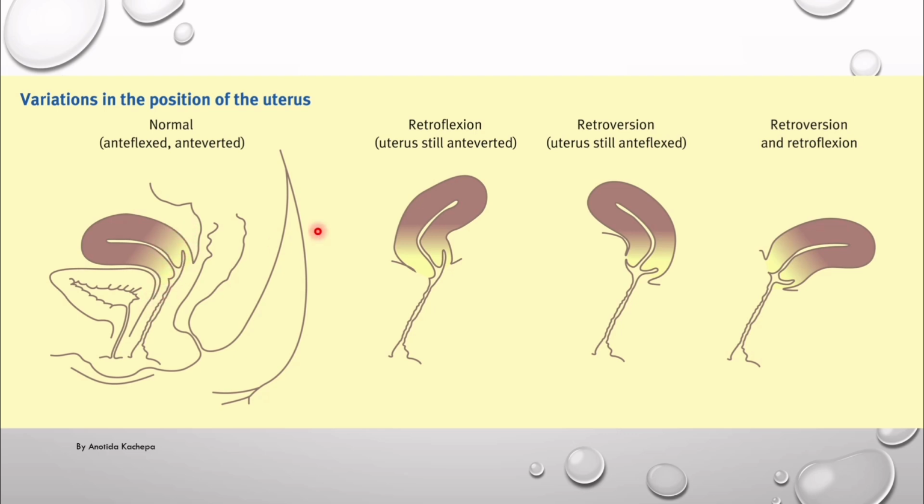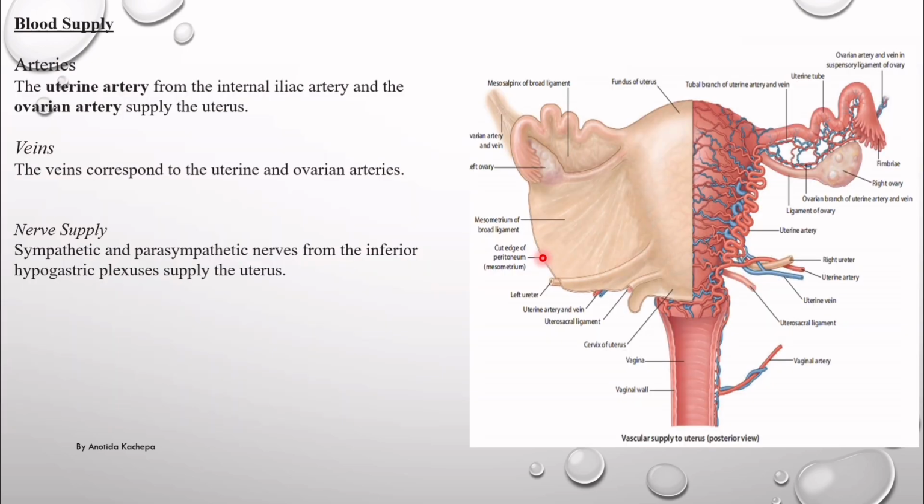The cervix. Here, these are anomalies where we might have retroversion and retroflexion, where the uterus is facing the opposite direction, and the angles are not in their correct position.